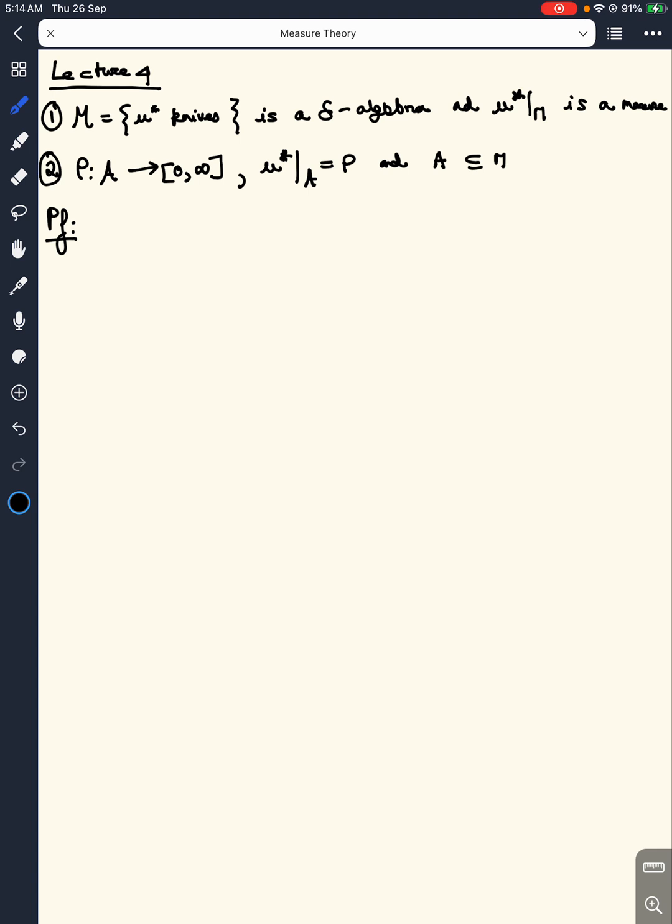Right. So the first part, we will show that mu star of E is equal to rho of E for E in A. So suppose E belongs to A, then suppose the A_n's are a cover. Then the union of E intersection A_n is E. Since rho is a pre-measure and the countable union is E, you have to disjointify this.